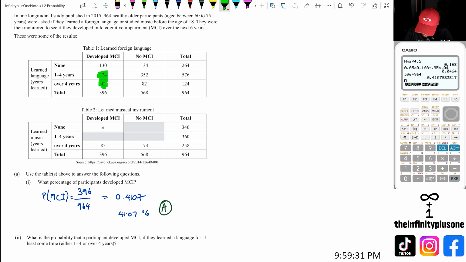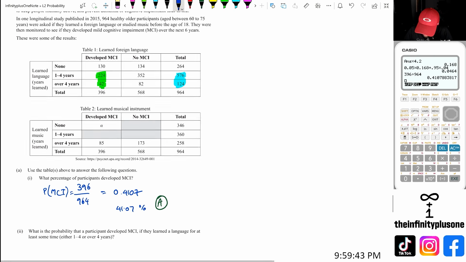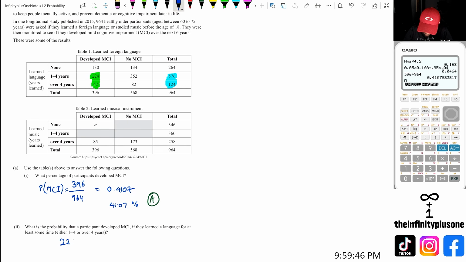So it's these two, if they learned a language for at least some time. So you've got to be looking at the 224 plus 42. So that's the people that developed MCI from the group of 1 to 4 and over 4 years. So that's going to be the 576 plus 124.